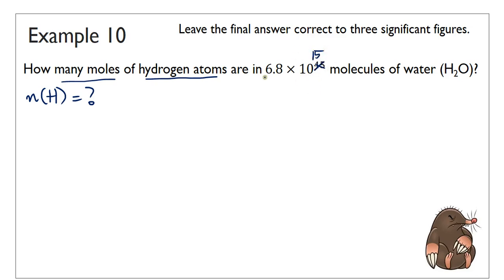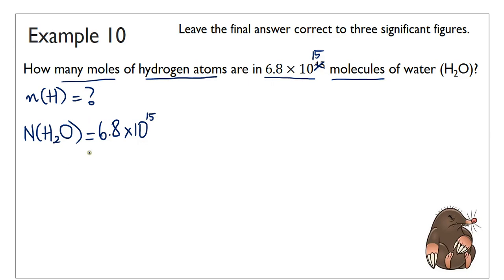So 6.8 times 10 to the power of 15 molecules of water. So the information given is the number of molecules of H2O. So this is 6.8 times 10 to the 15.